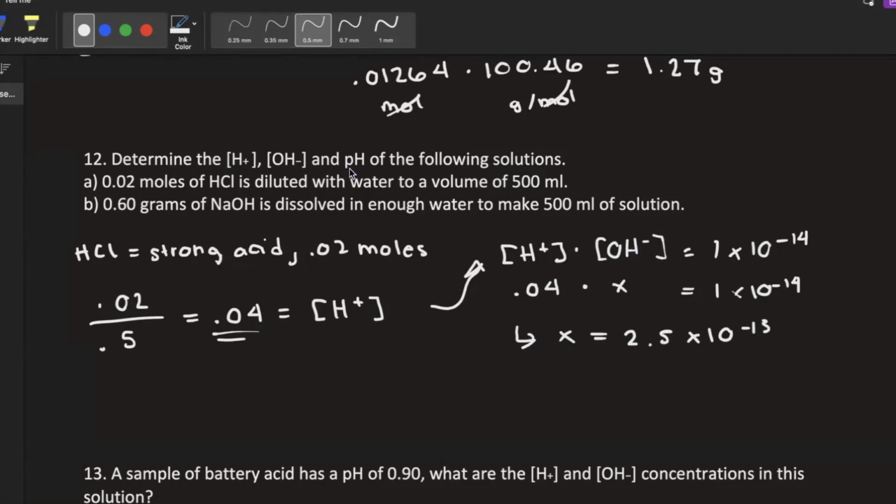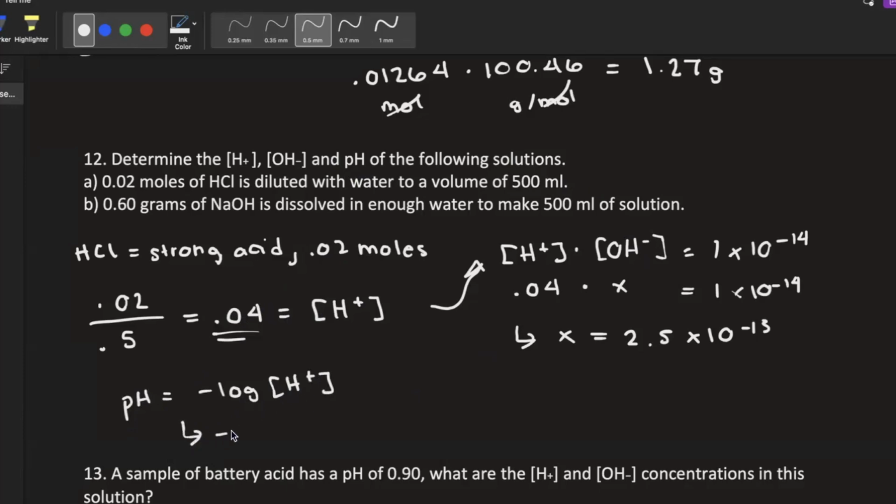The last thing it asks for is the pH. Recall that pH is equal to the negative log of the hydrogen ion concentration. We know now that the hydrogen ion concentration is 0.04. All we do is plug in this number right here.